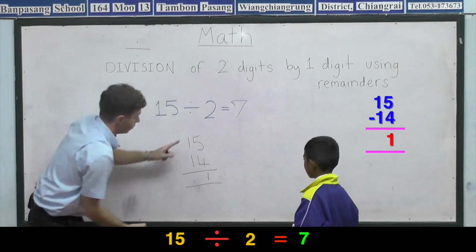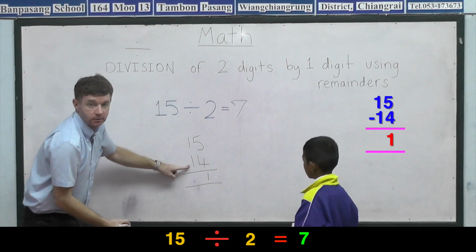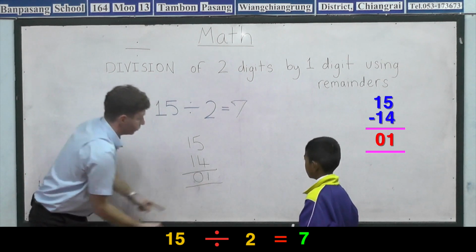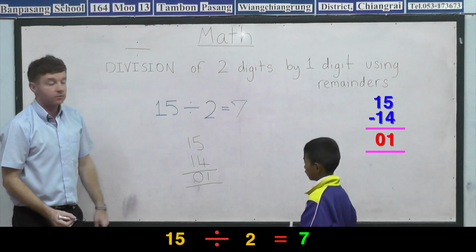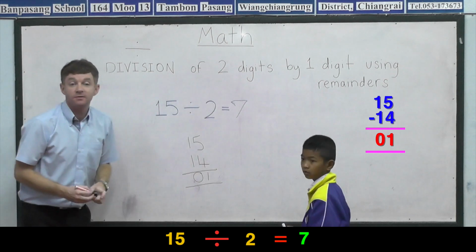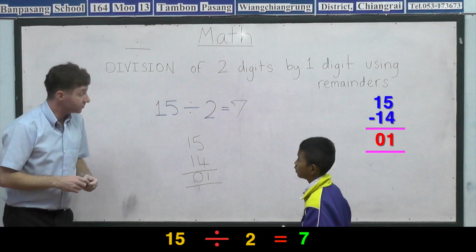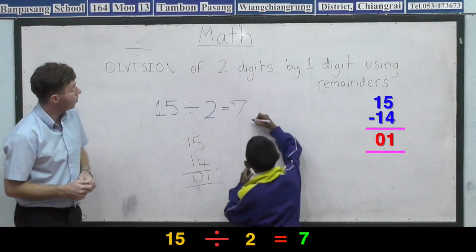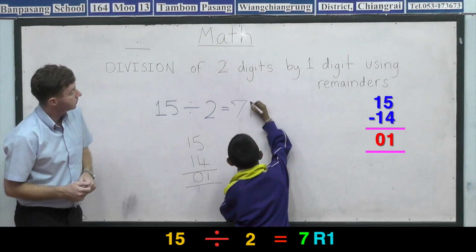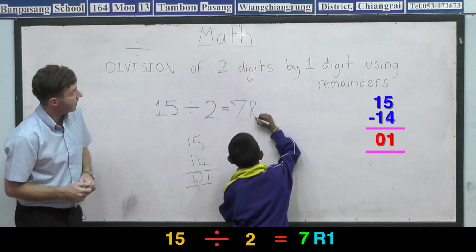Okay, so what we need to do to work out the remainder, 15 minus 14 equals 1. So what's our remainder, guys? 1. What do we write after 7? R1. Excellent, Pat.